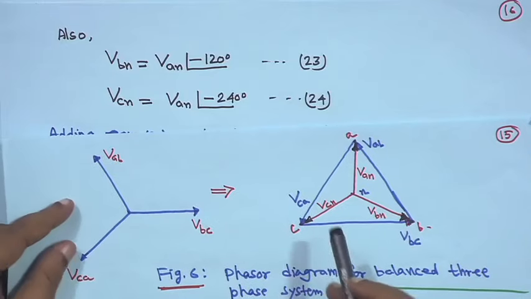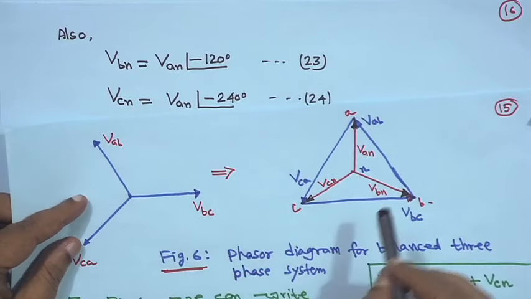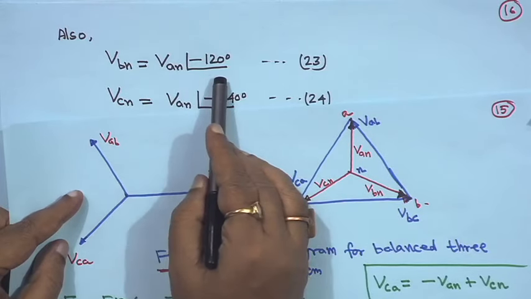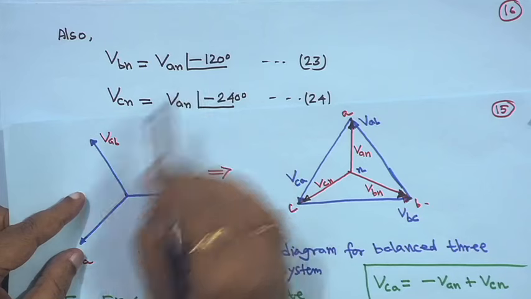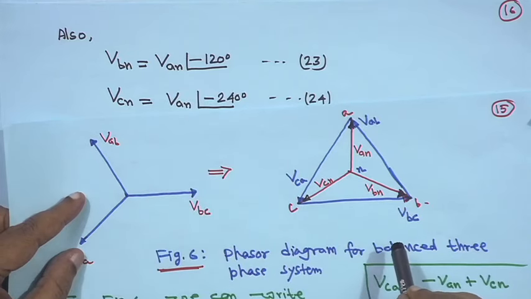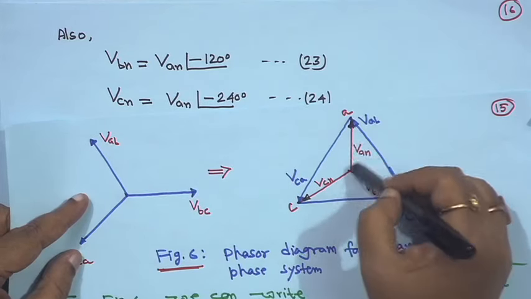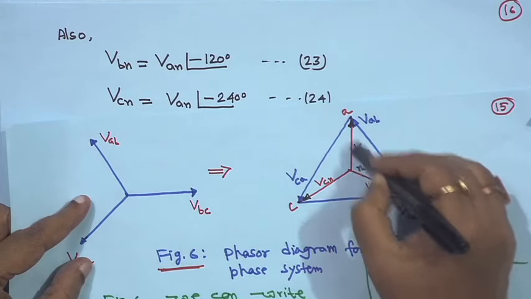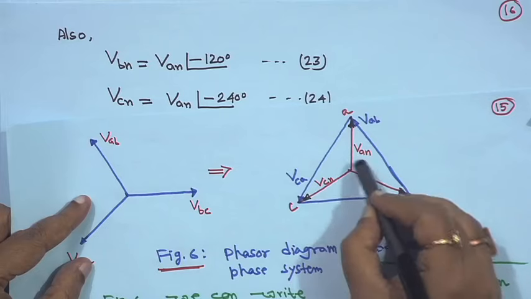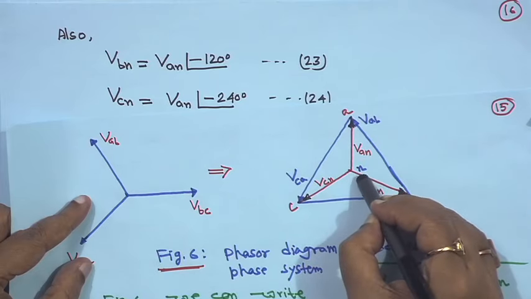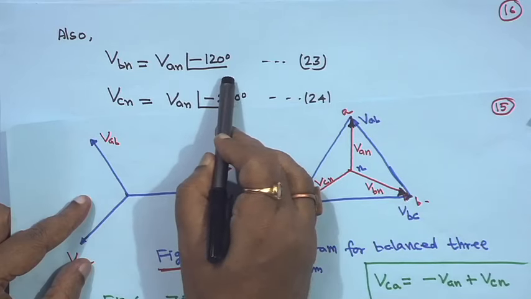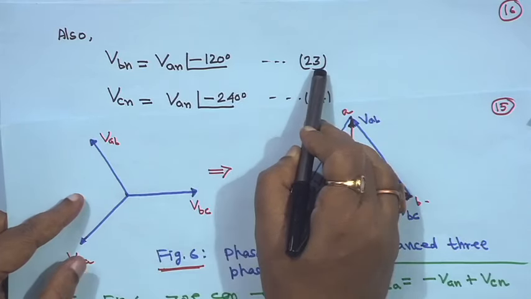Then from this phasor diagram, VBN is equal to VAN angle minus 120 degree, right. So, VBN is lagging from VAN by 120 degree, because this angle is 120 degree. Therefore, VBN is equal to VAN angle minus 120 degree, we are writing equation 23, understandable.